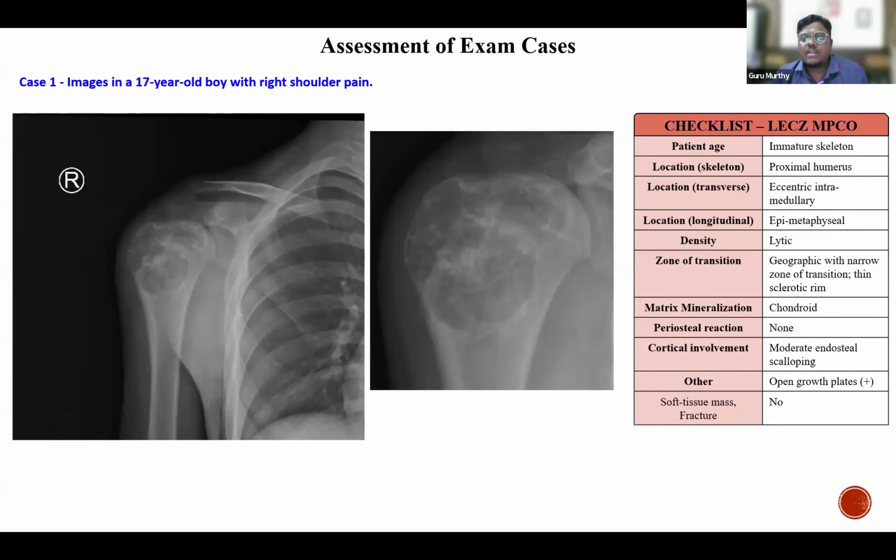Then the benign nature reinforces the features you have seen in age and location, where you are able to make out the geographic type of lesion with a narrow zone of transition with a thin rim of sclerosis. There is no periosteal component, no soft tissue component, and no obvious pathological fracture. Only some amount of endosteal scalloping is there, but there is no cortical breach.